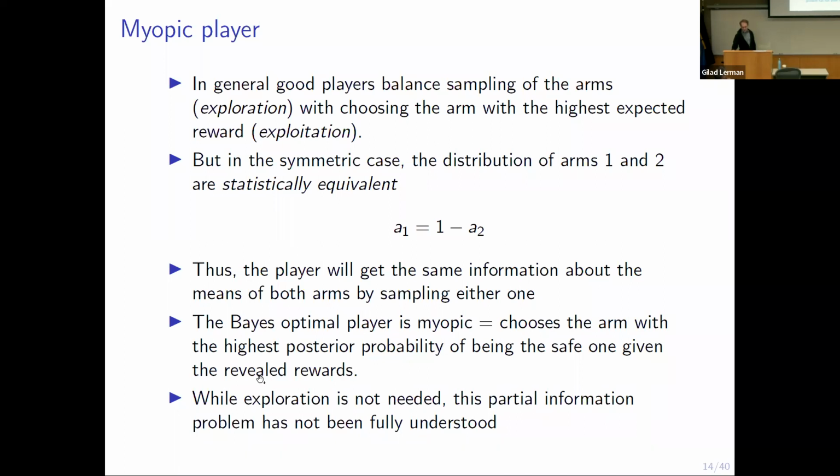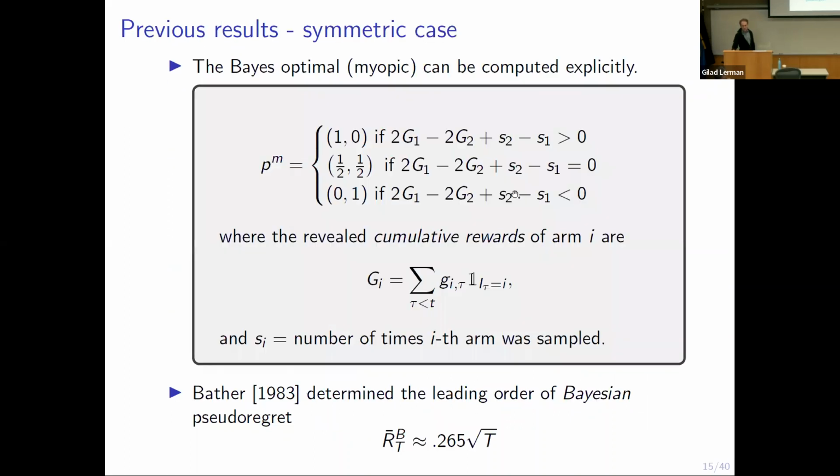But even though exploration in this setting is not needed, even this problem has not been fully understood. So this is the Bayes optimal player that has been computed explicitly. It chooses arm 1 if this quantity is greater than 1.